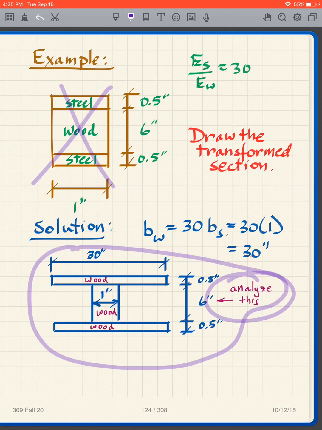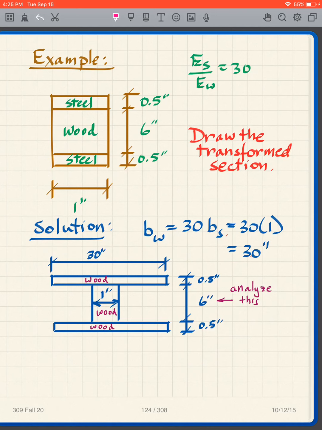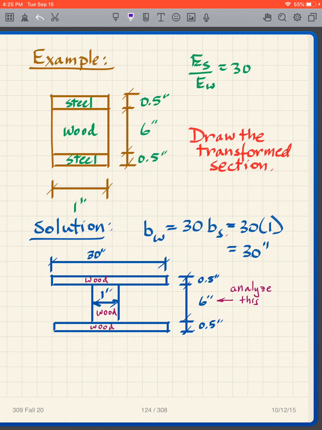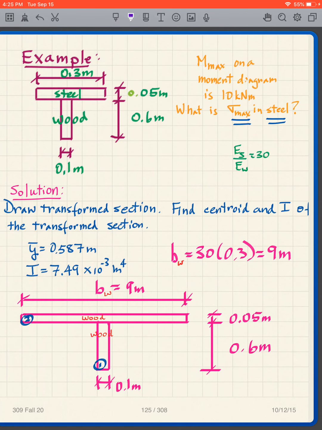So we're going to analyze this one, and we're going to learn a lot from that. And in the end, I'll show you what we do with it. So we're going to start out by analyzing this transformed section. So know the name, transformed section. Okay, I'm going to stop there.